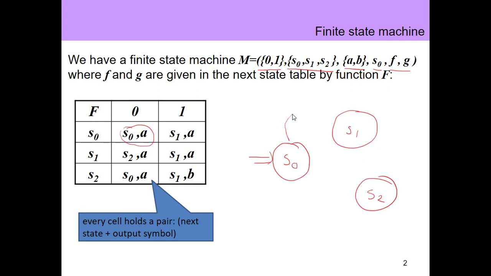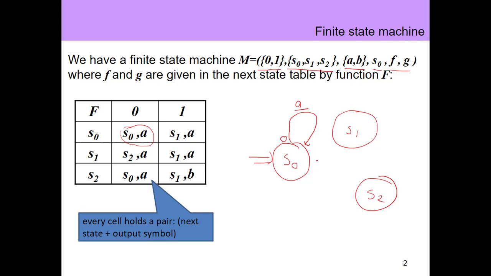So we stay in S0 with a 0 and we produce an A. The symbol which makes us do the transition is placed at the beginning of the arrow, and somewhere in the middle we will place the output symbol. So we get a 0 as a symbol from the input alphabet, we produce an A and we stay in S0.